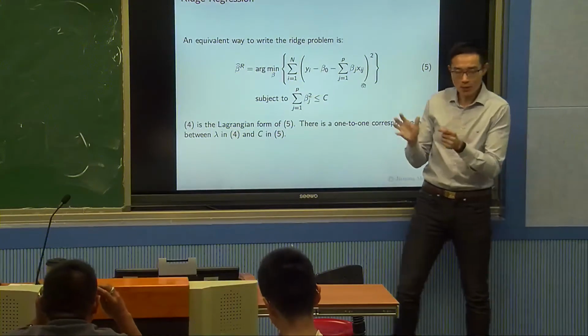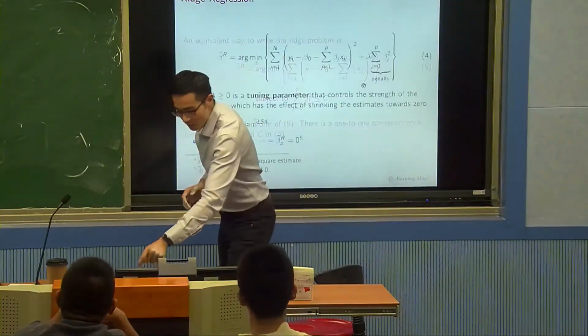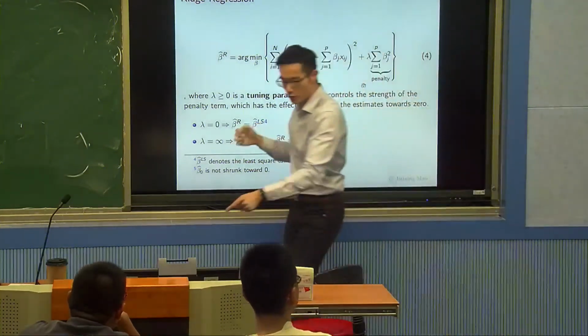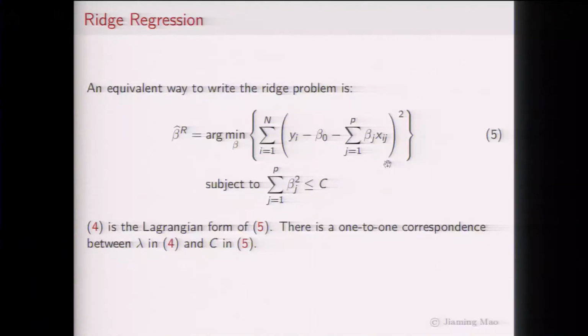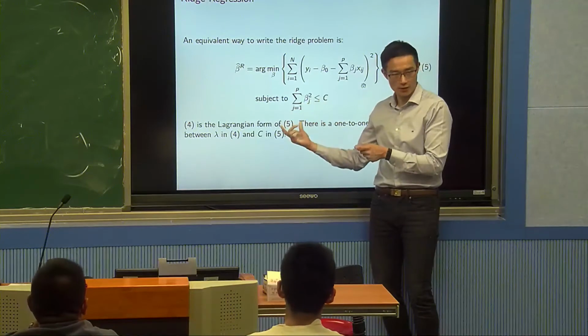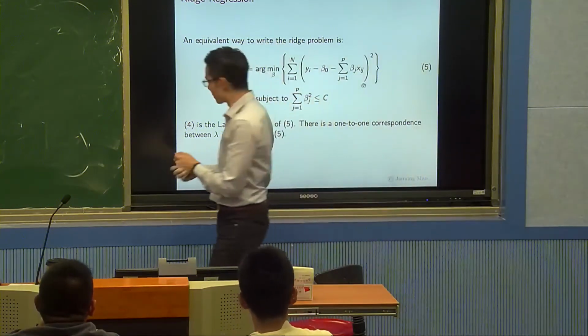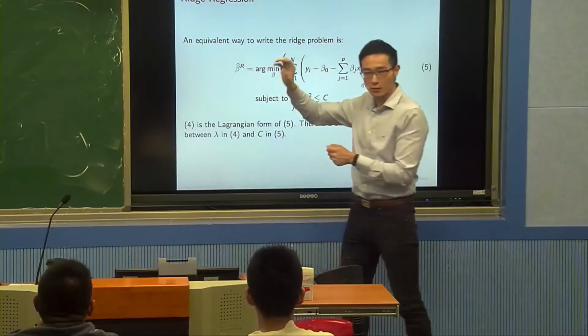So you can think about ridge regression as having a penalty in your loss function. We can also think about ridge regression as essentially imposing a constraint on the size of beta. They're the same thing. The C actually corresponds to the lambda.